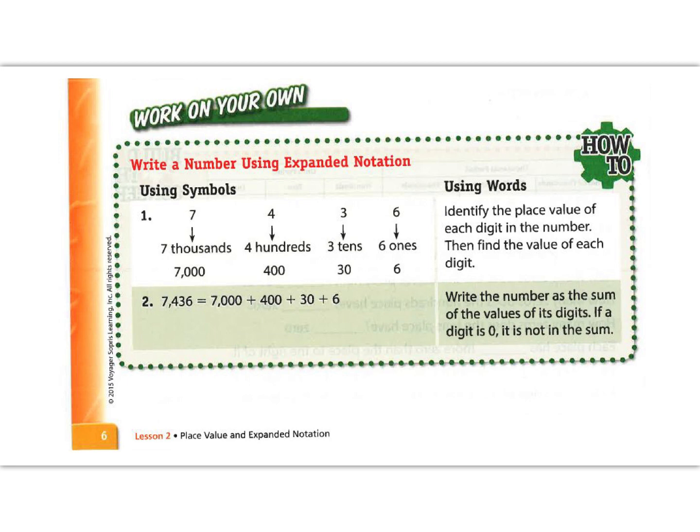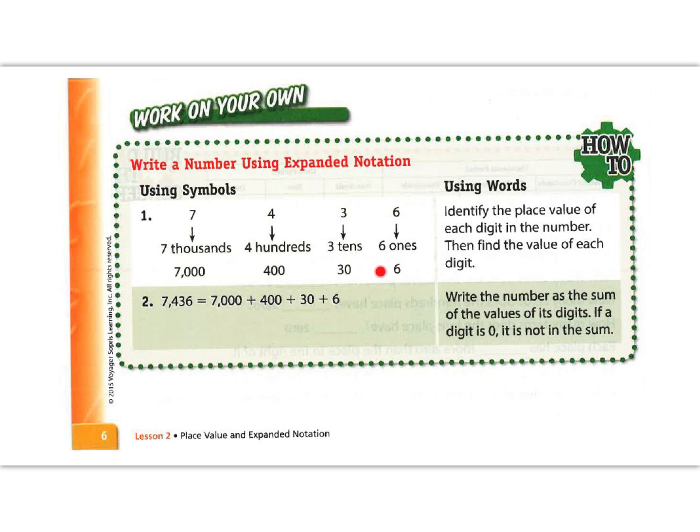All right, so when you go to work on your own, you are going to write a number using expanded notation. So here it is in symbols. If you have 7 thousands, 4 hundreds, 3 tens, 6 ones, you identify the place value of each digit in the number. Then find the value of each digit.